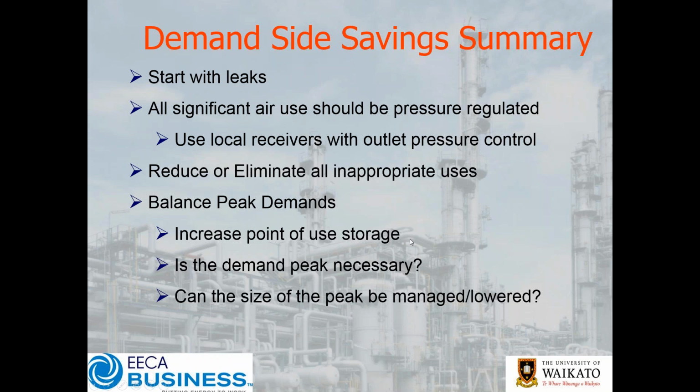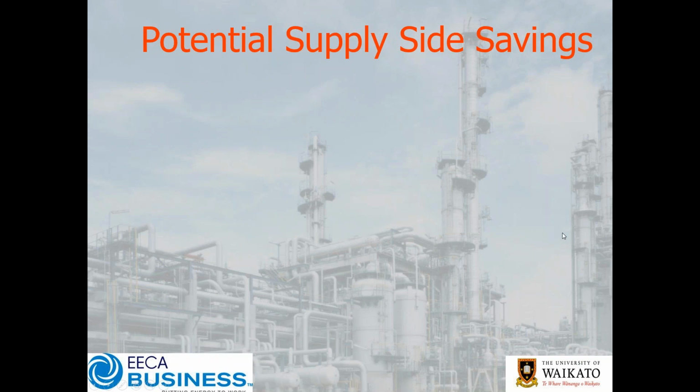Can we reduce them, lower them in some way? Okay, and then ultimately, as you do all that, you can lower your system pressure and make the additional savings at the supply side.